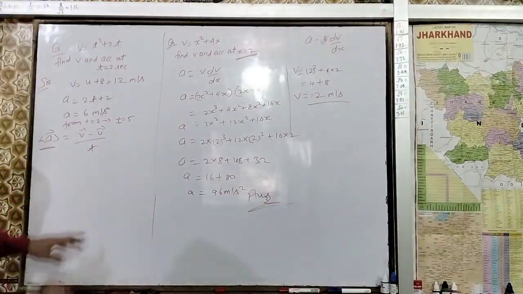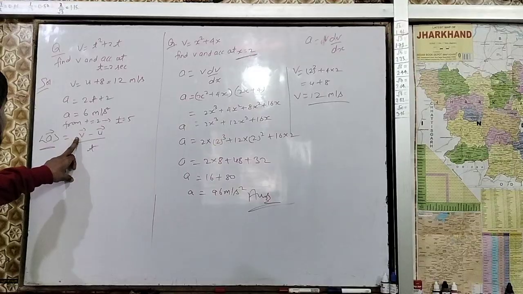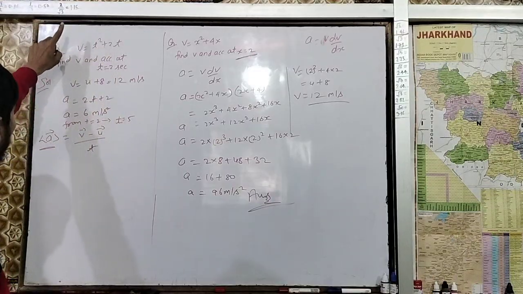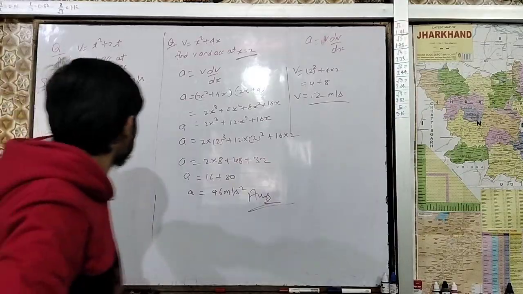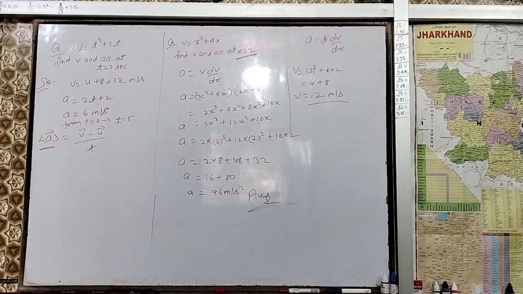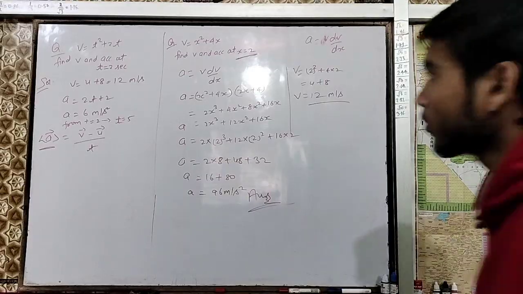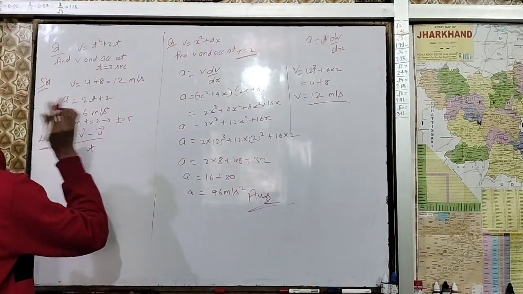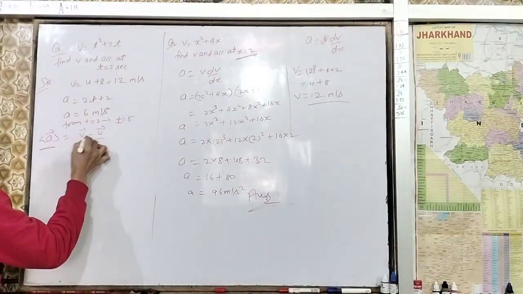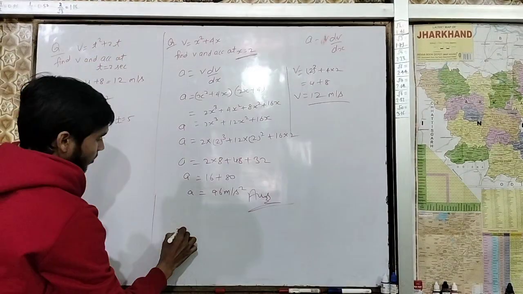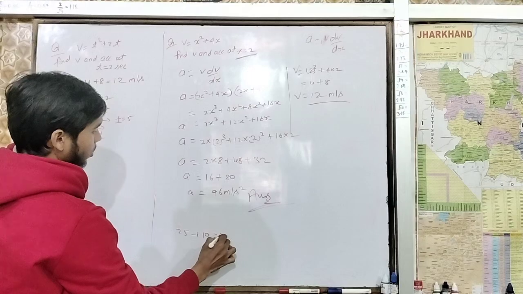So 5 fives are 25, plus 5 is 10, it is going to be 35.